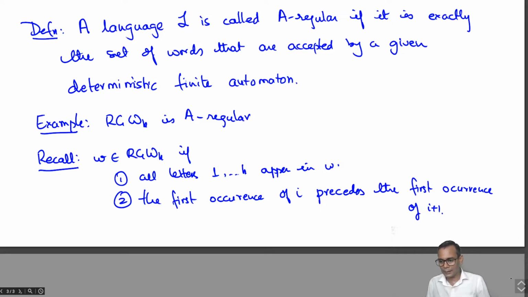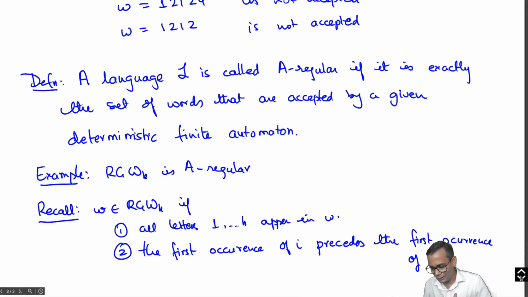Now A-regular languages, when we think of them as combinatorial classes, they have what are called recursive specifications.